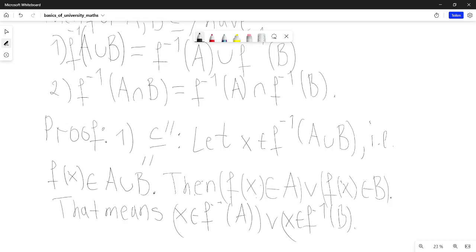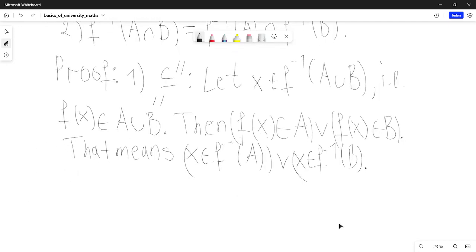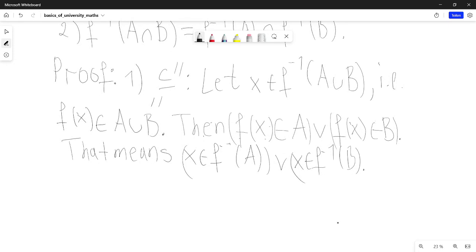So, and that is just equivalent to, that's actually nice. I never did it in such a detailed fashion, right? Just by definition of a union again.